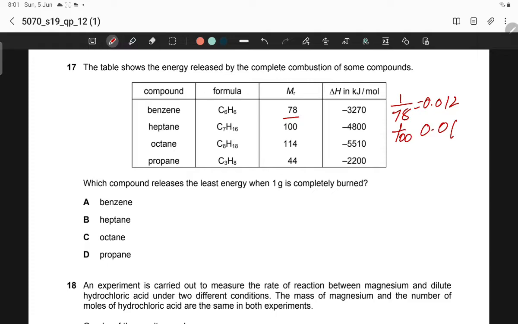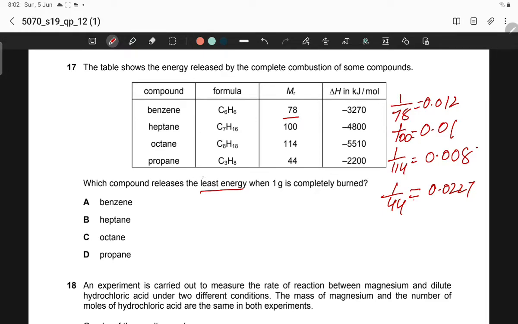1 divided by 114 is 0.008, and 1/44 is equal to 0.0227. Now, which compound releases the least energy?